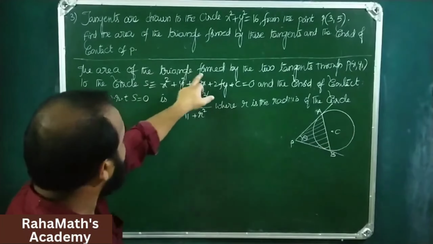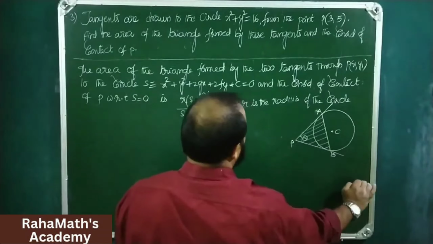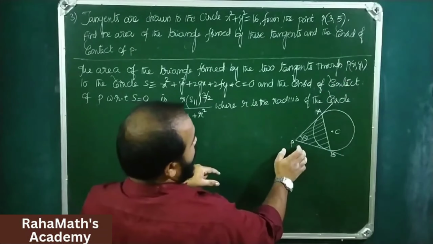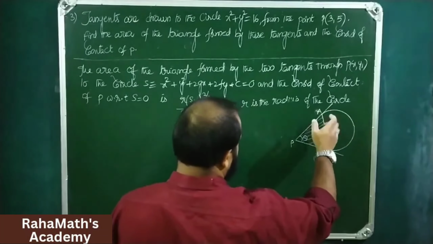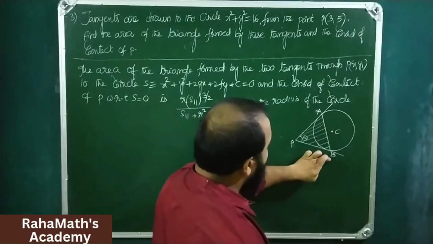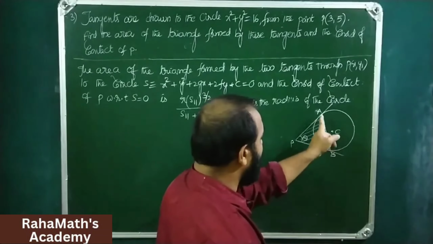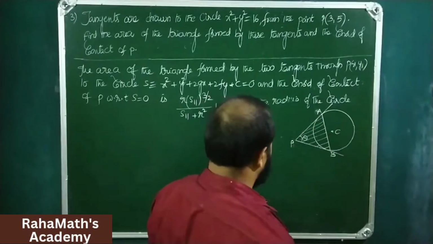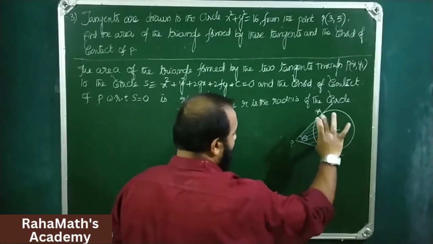The triangle is formed by two tangents drawn from the point P(x1, y1), an exterior point of the circle. And A and B are the points of contact of the tangents drawn from P to the circle. If I draw a line through these points of contact, this line is called the chord of contact.